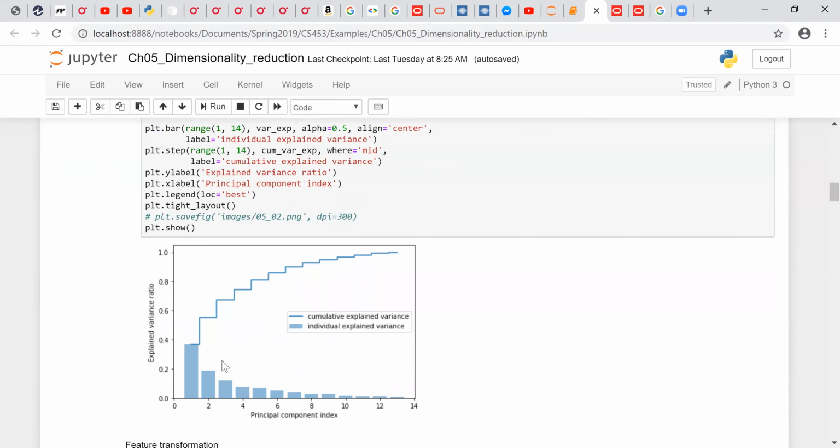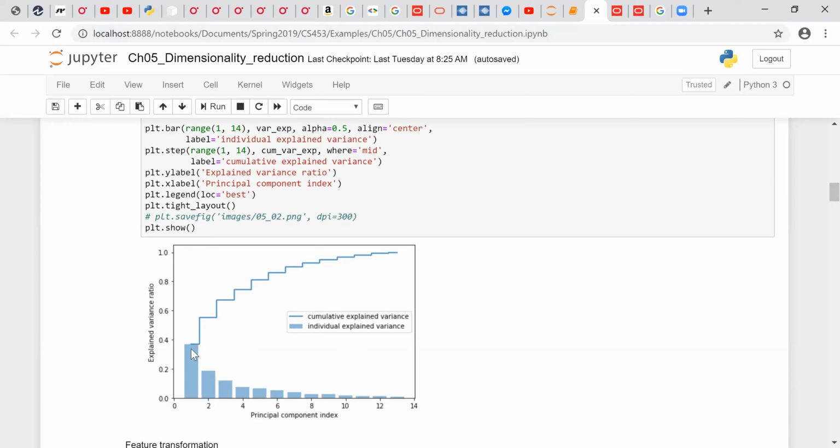This diagram is a bar chart showing the variance ratio. You can see the last few don't have a lot of variance ratio. For PCA, our goal is to find the maximized ones. Even from this diagram, you can see the first few features play a very important role.